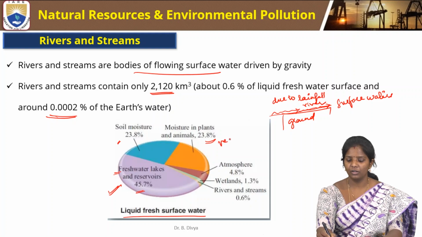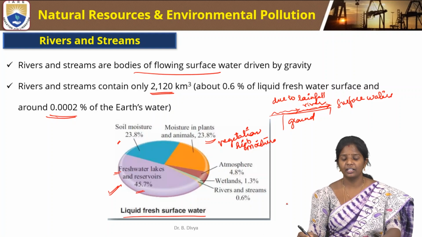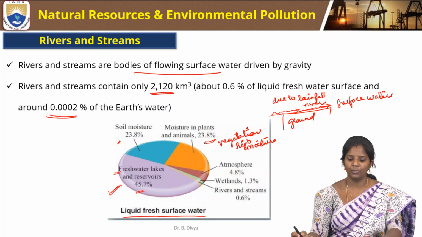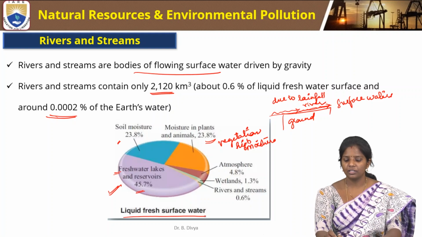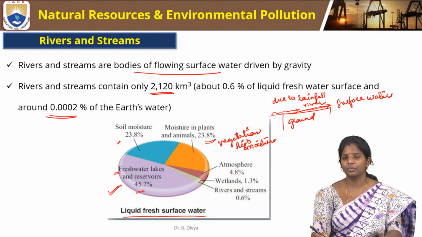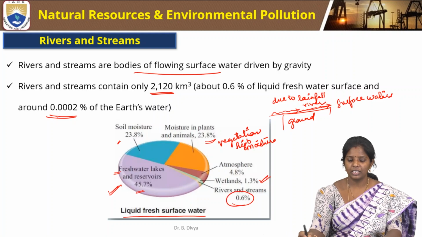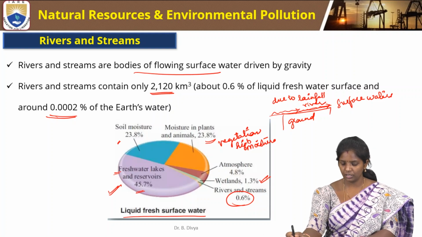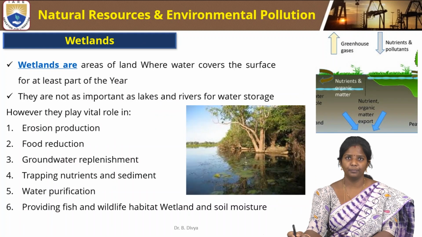We have very good vegetation, so because of that there will be high moisture content due to the vegetation, forests and agricultural land, which contains about 23.8%, contributing to the fresh surface water. Then the atmosphere contains about 4.8%, the wetlands have 1.3%, and the rivers and streams are only 0.6%. So if you see, the rivers and streams water is mostly due to the rainfall.